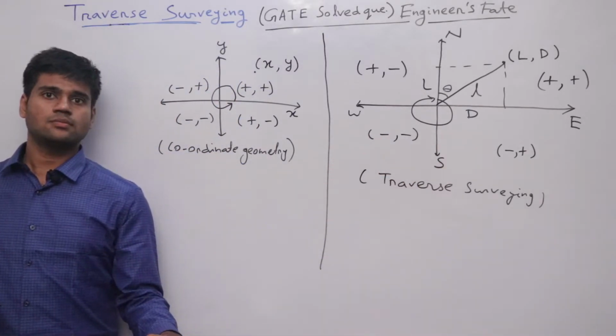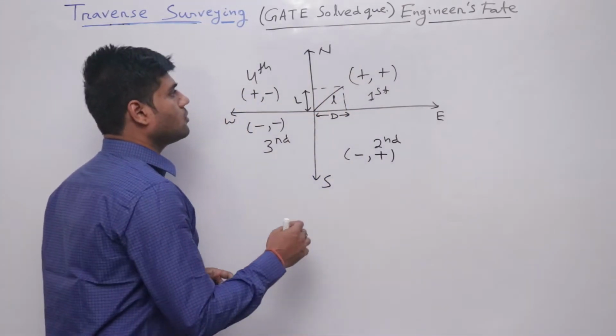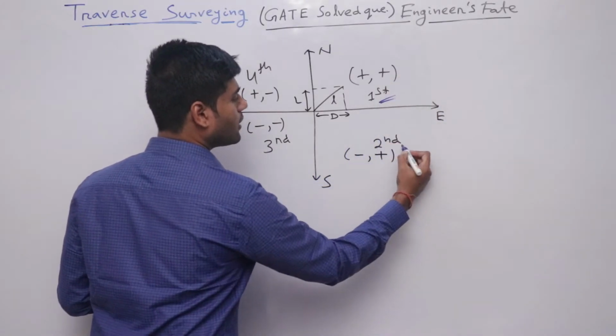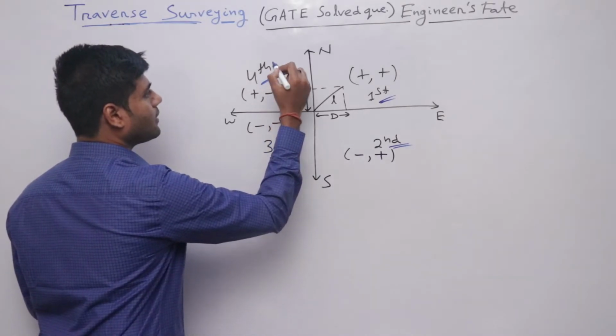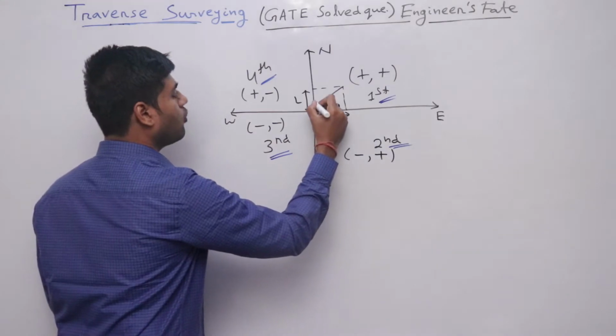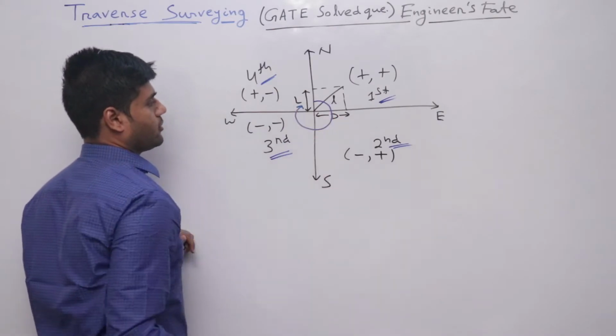I will again discuss the same thing. In the traverse survey, this quadrant is first, this quadrant is second, this quadrant is third, and this quadrant is fourth, and we normally measure the angle from the north in clockwise direction.